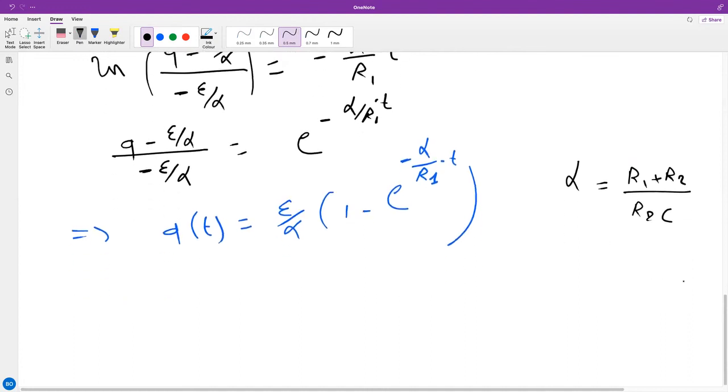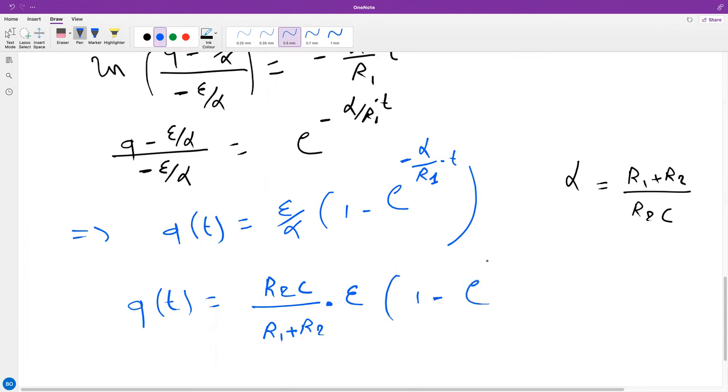So the final q(t) will be R2C over (R1 plus R2) times E times (1 minus exponential of minus alpha over R1 t).